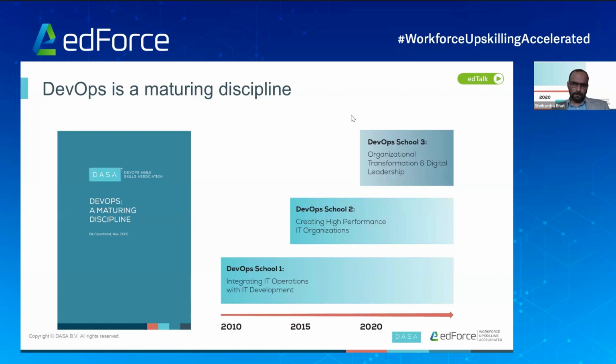Okay. Coming to the next slide, where I would like to talk about how DevOps as a practice started in the industries. Do you see the screen fully? Yeah, I guess so.